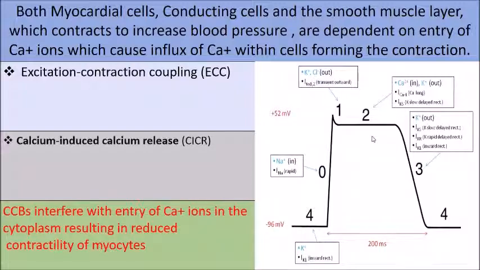You reduce the contractility of the heart. So a lot of the mechanism of calcium channel blockers is understood by just learning about this beautiful physiological role of calcium in the conduction of electrical signal within the heart, and its role on the muscle itself.